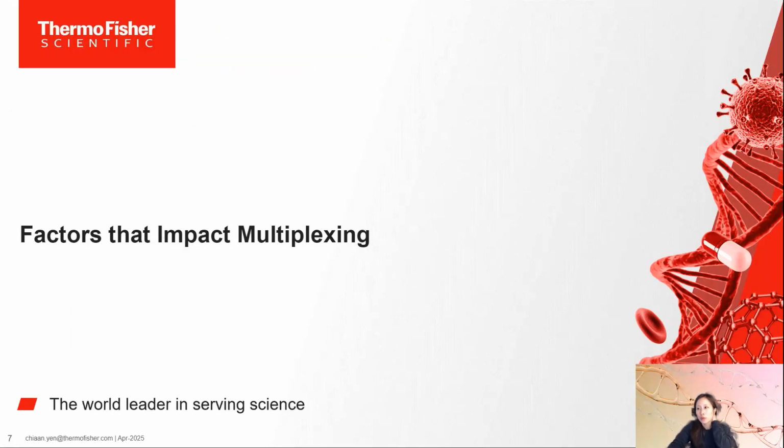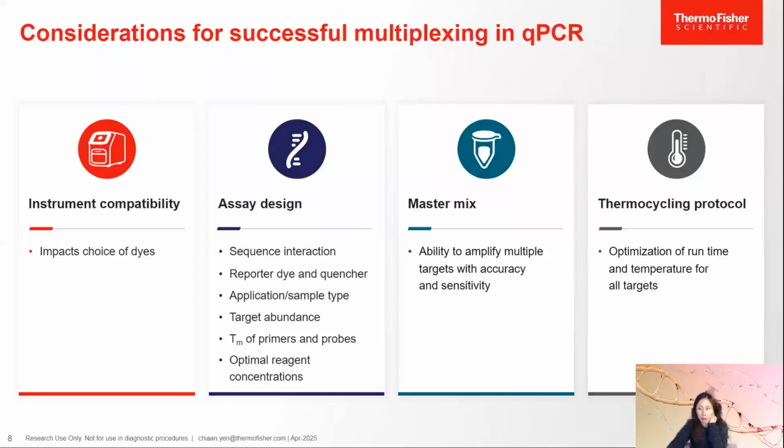So next, I'm going to move into the factors that impact multiplexing, now that we've covered why you might want to look into going with multiplexing in your workflow. So the 4 areas that I like to think about for multiplexing in qPCR workflow are the instrument, the assay design, the reagent or master mix, and the thermal cycling protocol.